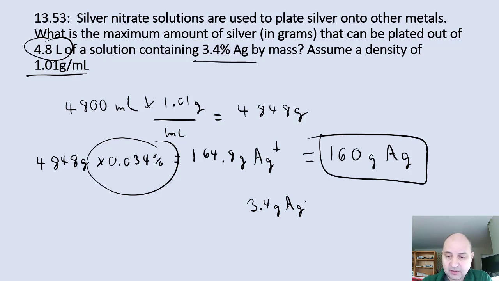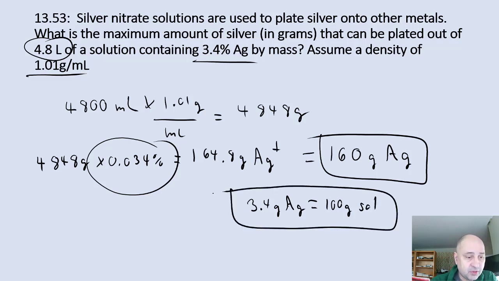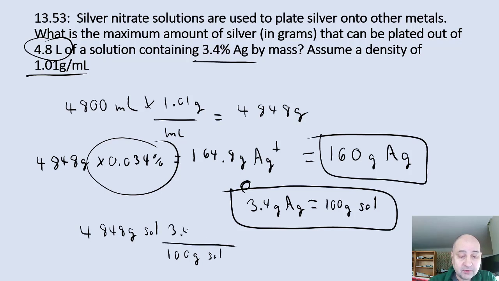This is then a conversion factor, so you can say that there are 4,848 grams of solution. You divide by 100 grams of solution, and you multiply by 3.4 grams of silver, and then that also gives you 164.8 grams, or with two significant figures, 160 grams of silver.